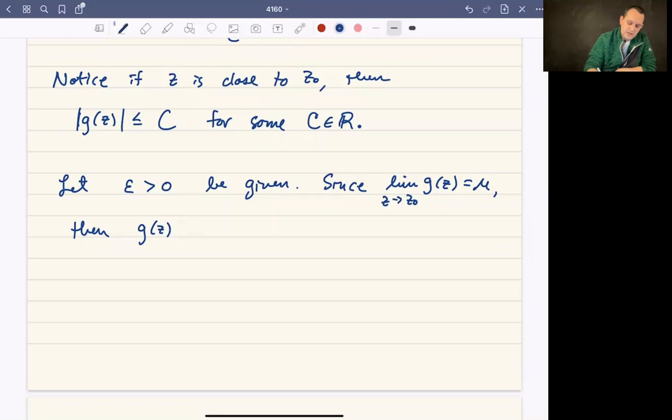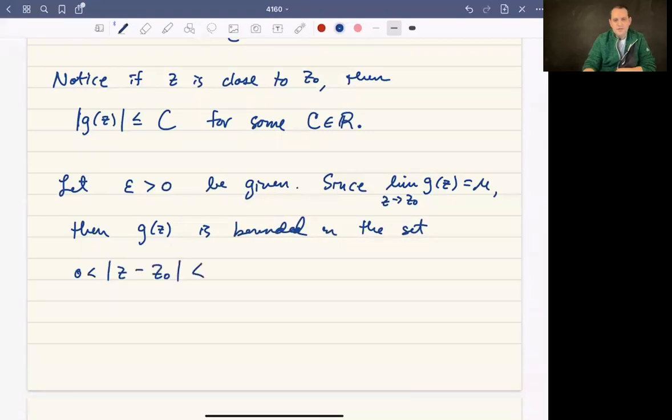So then g of z is bounded on the set 0 is less than the modulus of z minus z naught less than some delta. So it's bounded on the set delta for some delta. Let's call it delta 3, or let's call it delta naught.